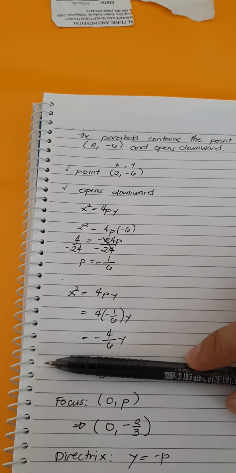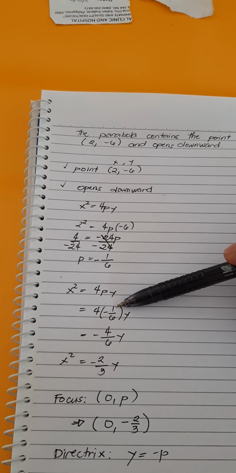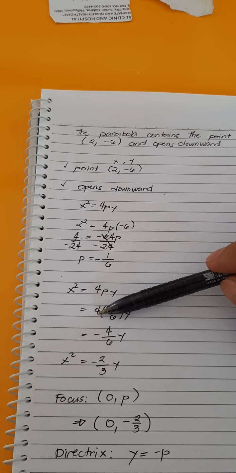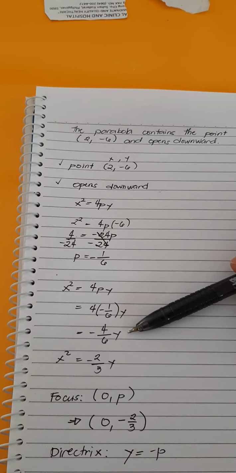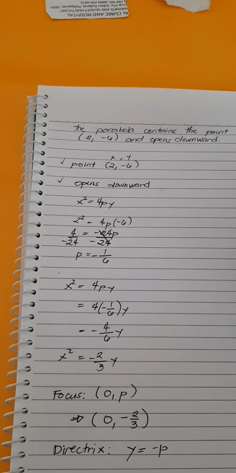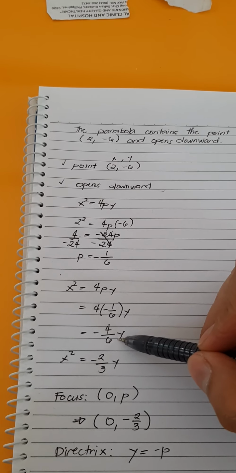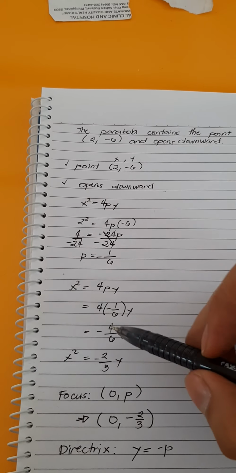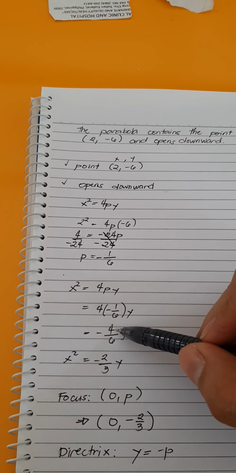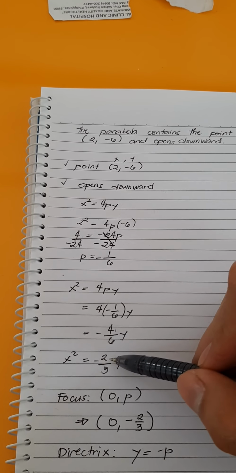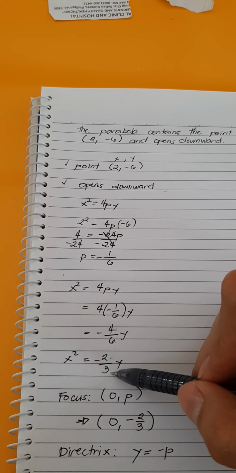We will just multiply the whole number to the numerator. So 4 times negative 1 is negative 4 over 6 y. Next, we will simplify the 4 over 6 since they have the same common factor, which is 2. So 4 divided by 2 is 2, and 6 divided by 2 is 3.